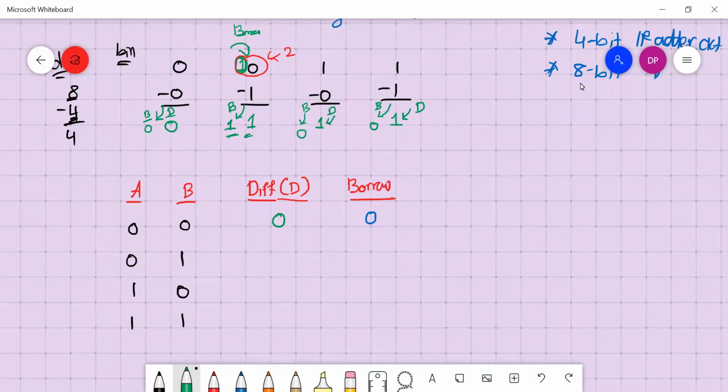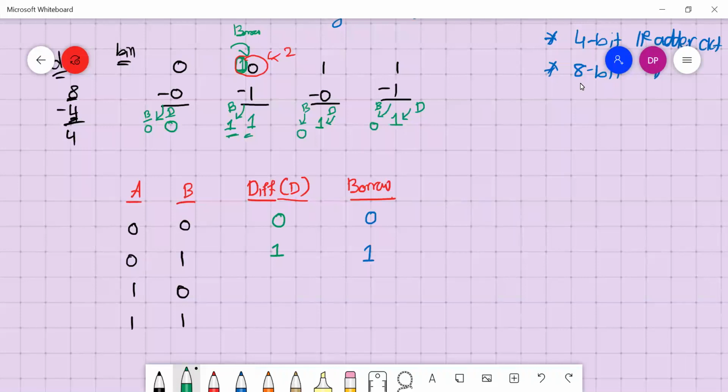Now 0 minus 1. You have to borrow 1, so first you fill the borrow part. After borrowing 1, it becomes 10, which means 2. 2 minus 1 is 1, so the difference is 1.